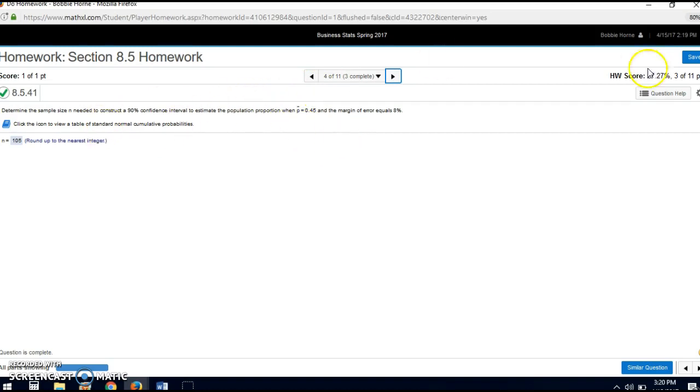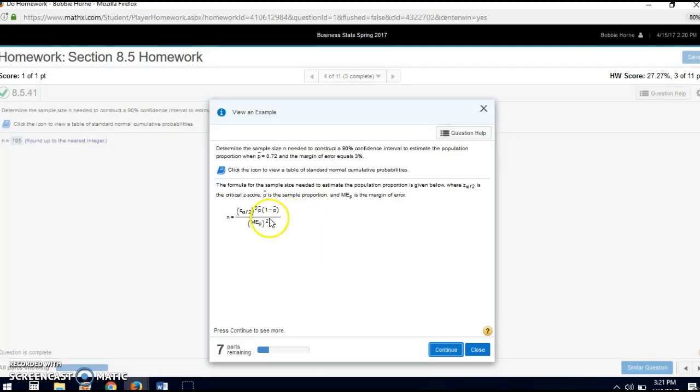Problem number 4, very, very similar to what we've been doing. You're still going to have your Z value. Remember, 1.645. We don't have to look that up anymore. You can start kind of remembering that. But the difference is we're using proportions. So we have a different formula to use, but you're just plugging into your formula.